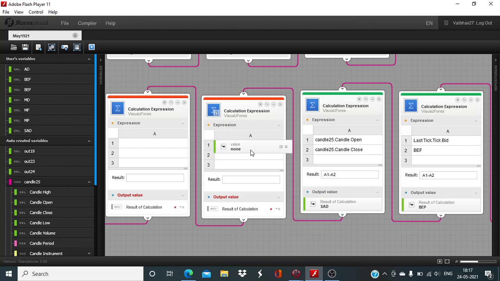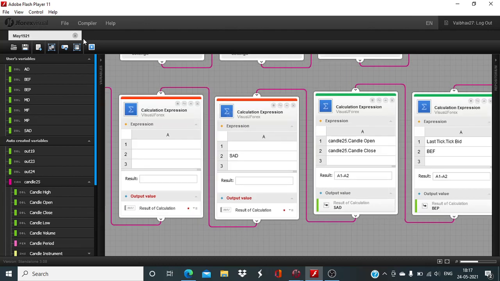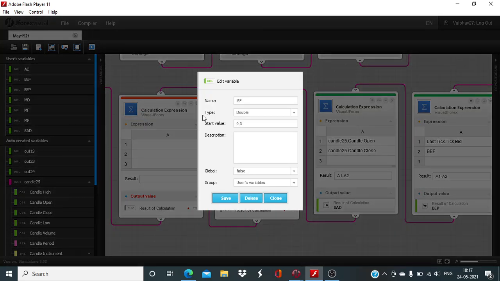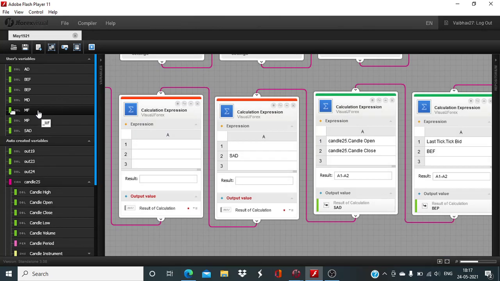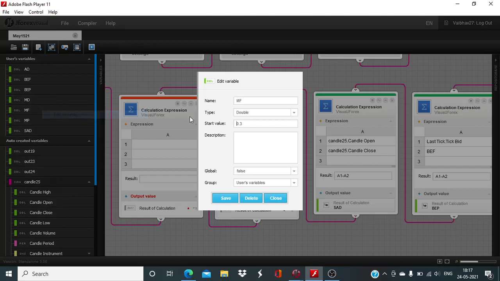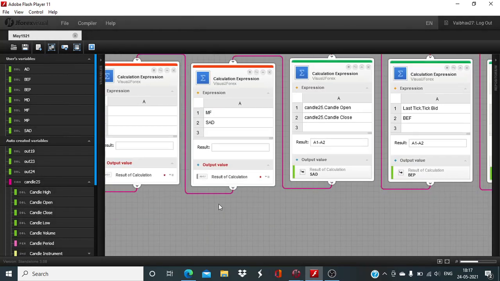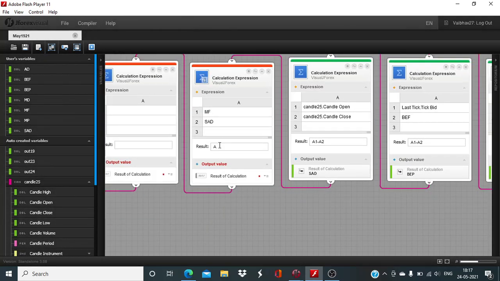We will multiply this difference by 0.3. I think this was the variable. Yes, it is. A1 into A2.